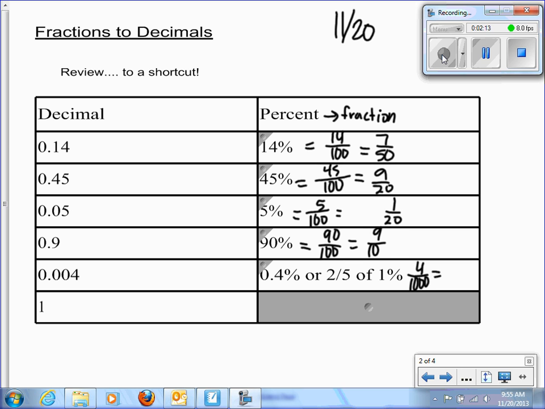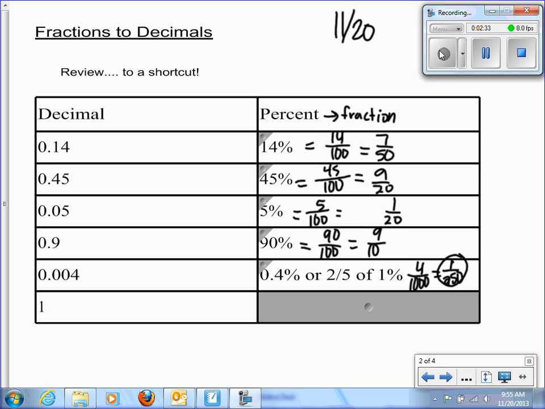Okay, good. And how can we reduce that? You can reduce that and make it 1 over 250. Good.